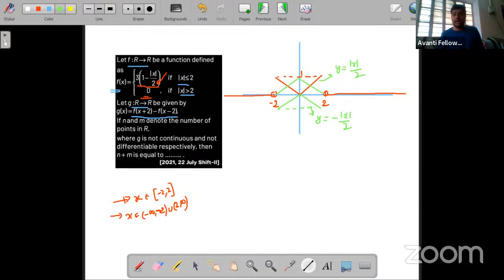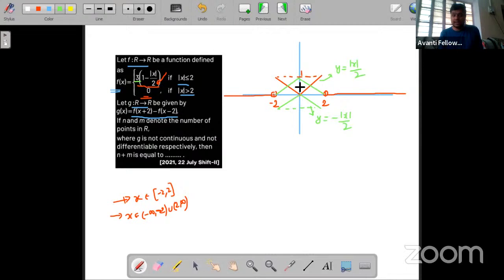Now I have to multiply it with 3. 3 is a positive number. So what will happen? The y range will be multiplied by 3, so all values of y will be multiplied by 3. What does that mean?